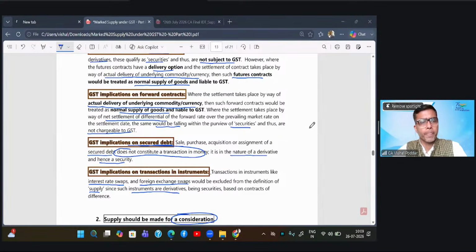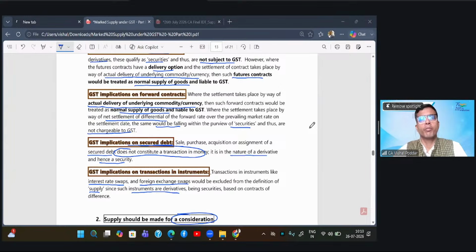Sir, whether goods include all actionable claims or specified actionable claims? No, goods includes all actionable claims. And then we go to Schedule 3, where we have removed all other actionable claims and we have kept only specified actionable claims under GST. So goods includes all, but Schedule 3 has kept all the actionable claims in no supply and has only kept the specified ones outside.